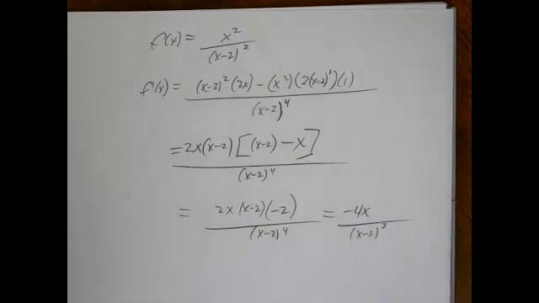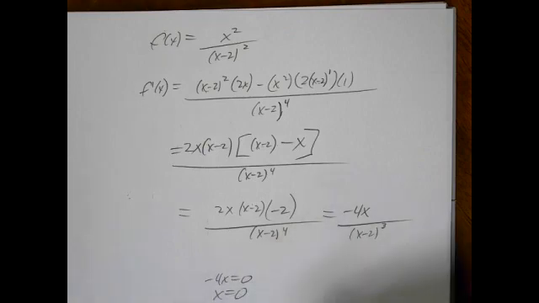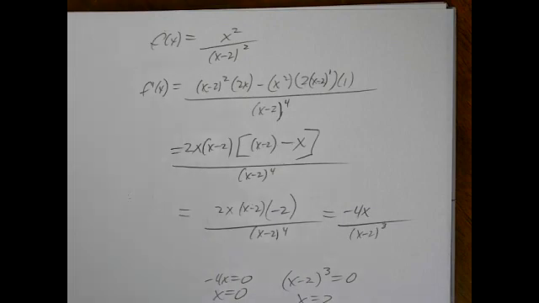So I would hope you realize that is a much cleaner version of the derivative, definitely the form that you want to use for all the work we're going to do from here on out with this function. Okay, setting this equal to 0 means setting the top equal to 0, and making this undefined means setting the bottom equal to 0. All right, the derivative is undefined at 2, and it's 0 at 0.